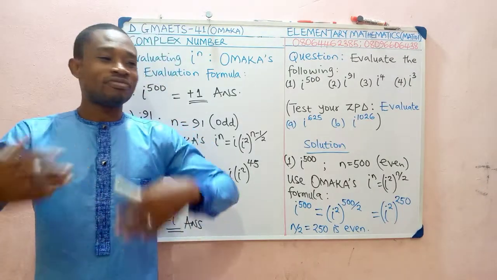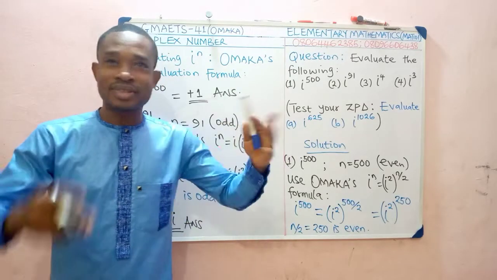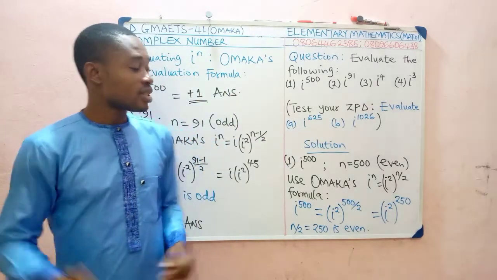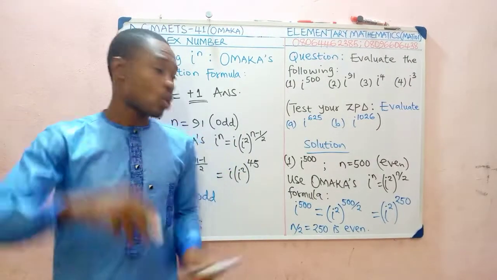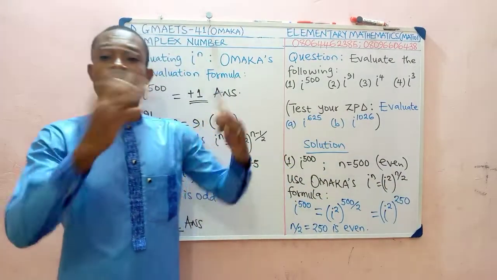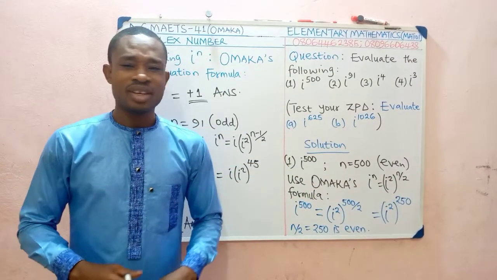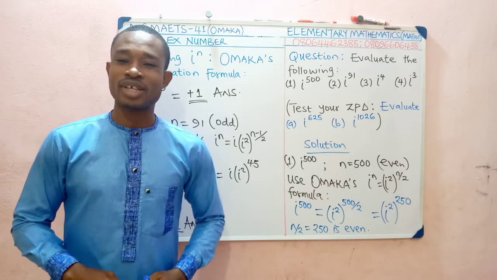So instead of imputing the value of i squared, which is minus 1, and then you're thinking these times, just knowing the conditions for the power n minus 1 over 2 or n over 2 for the case of odd or even respectively, you can tell your final value of i raised to any power without stress.